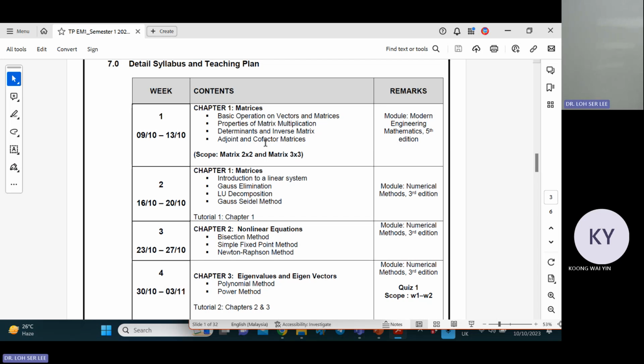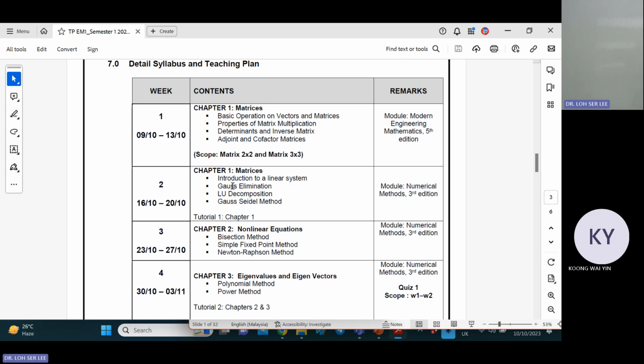Which method did you use, adjoint or Gauss elimination? Gauss. Okay, in this syllabus you will learn the adjoint. Some of you maybe learned this before. This is what you are going to learn in this week.